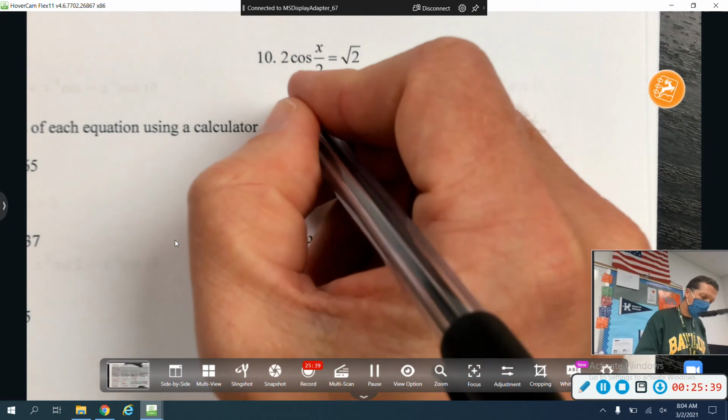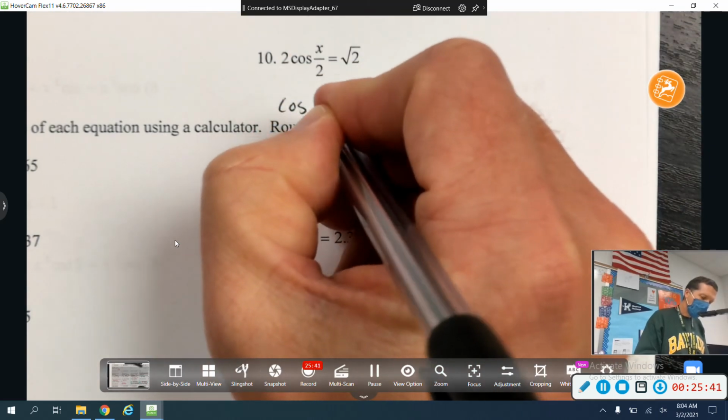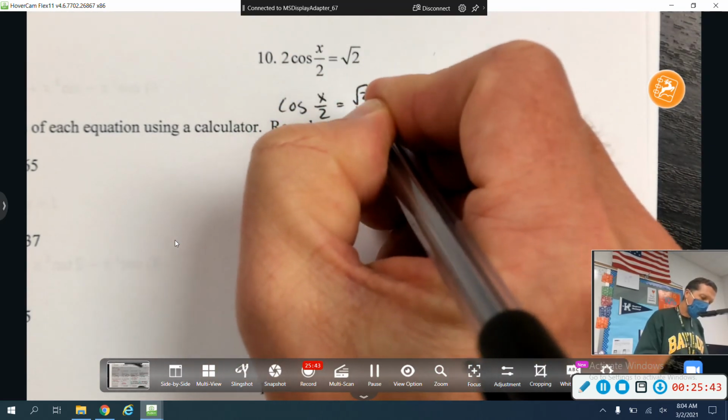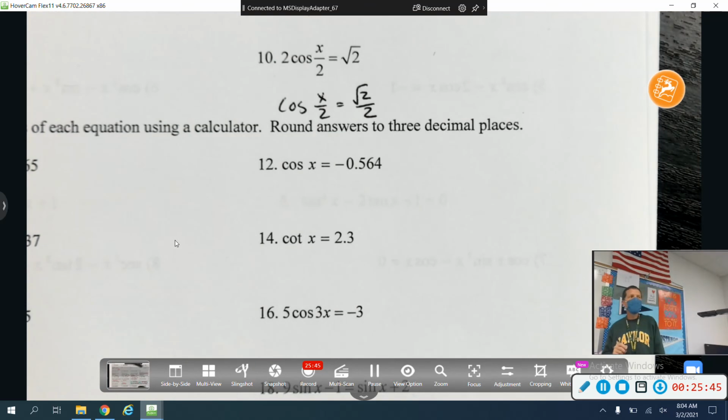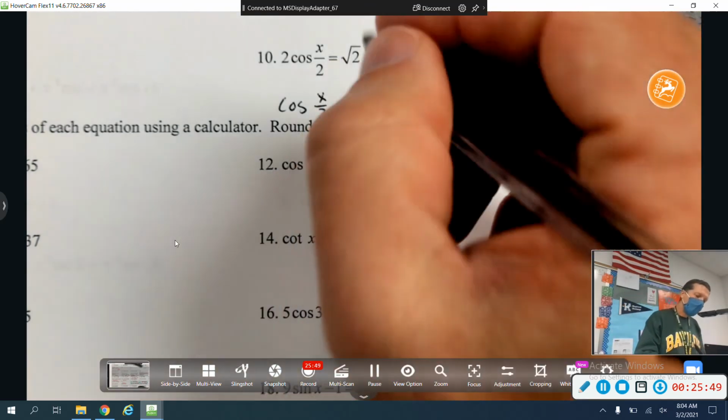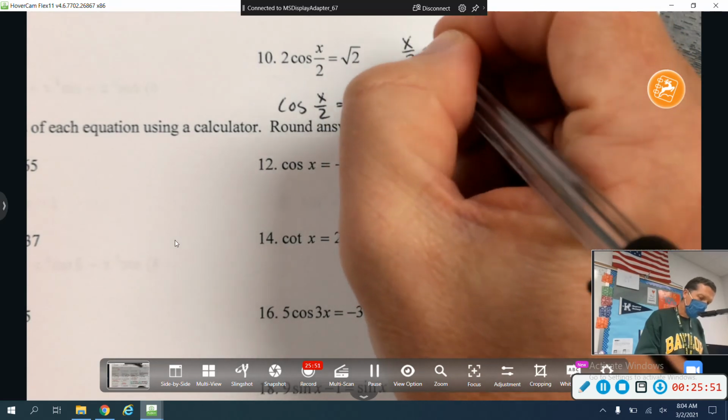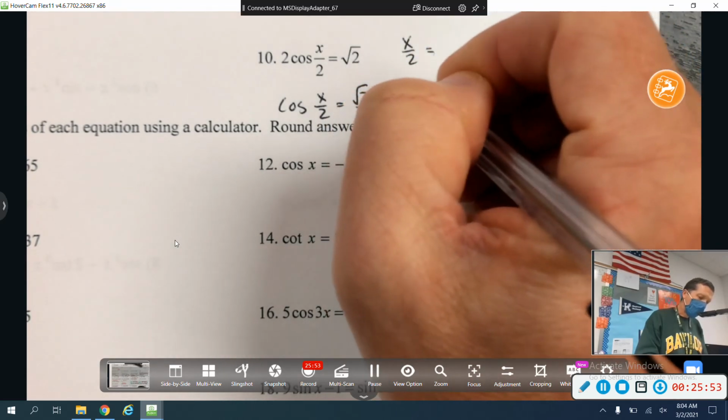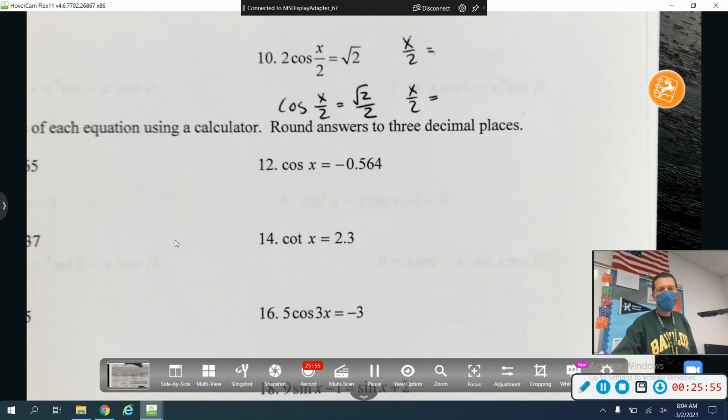Good, let's divide by 2. So cosine of x over 2 equals root 2 over 2. So my mind is now thinking, where is the cosine equal to root 2 over 2? Because that's what x over 2 will be. So I'm going to stop there, and you see if you can finish it out from there. Where is the cosine equal to root 2 over 2? And then there's an extra step after that.